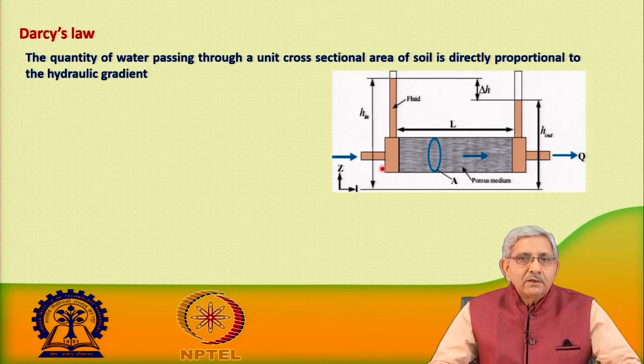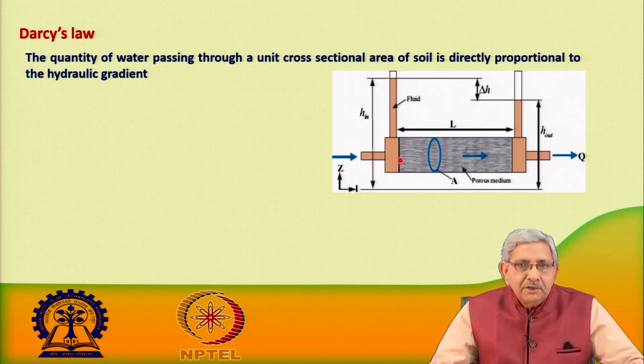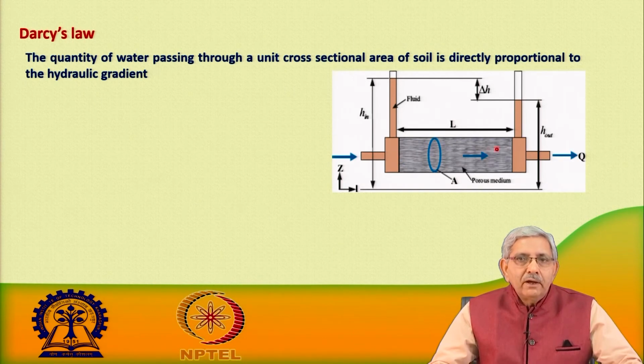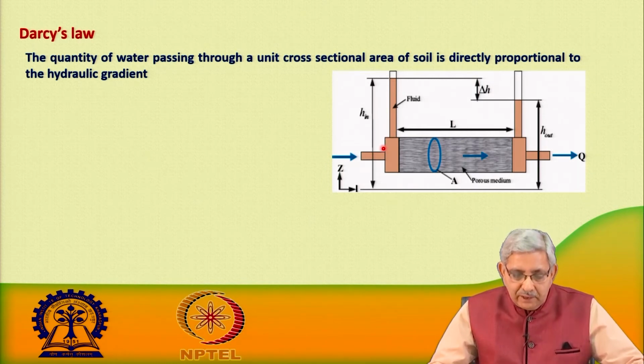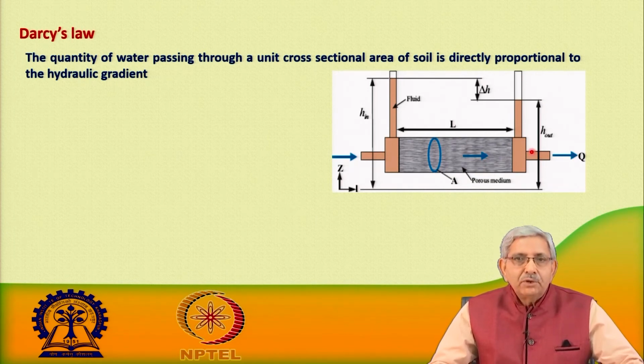So, if we are considering a soil column which is cylindrical in nature, having length L, there are two sides, one is the inlet end, another one is the outlet end, that is the downstream end, and the area of cross section of flow is A. So, the difference in the head, H in minus H out divided by L, will give the hydraulic gradient.